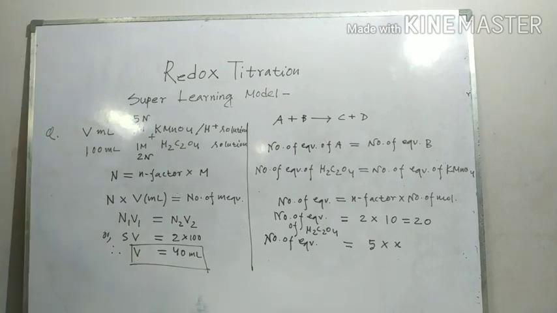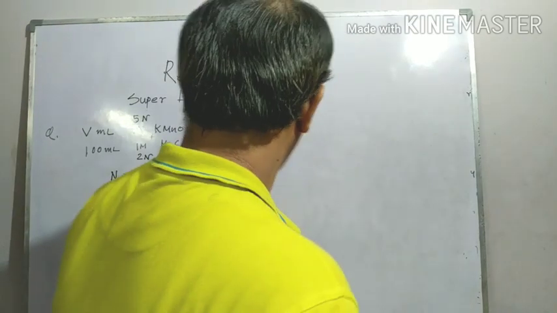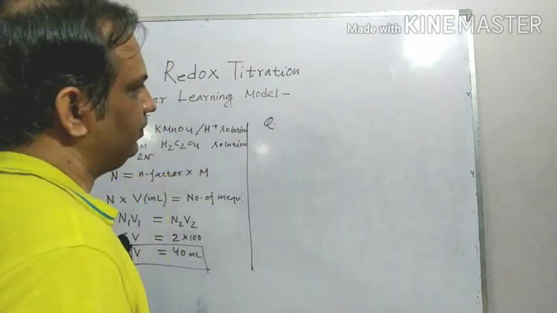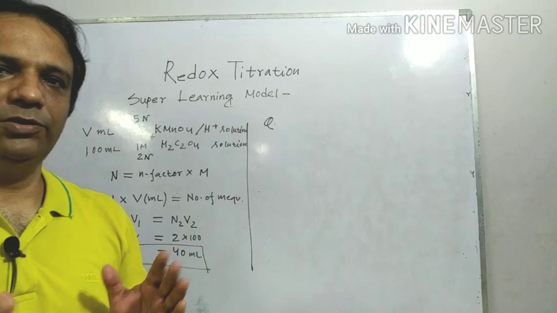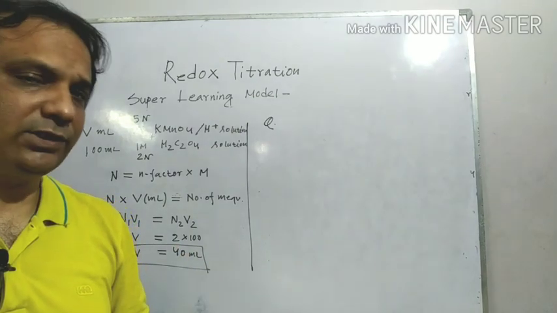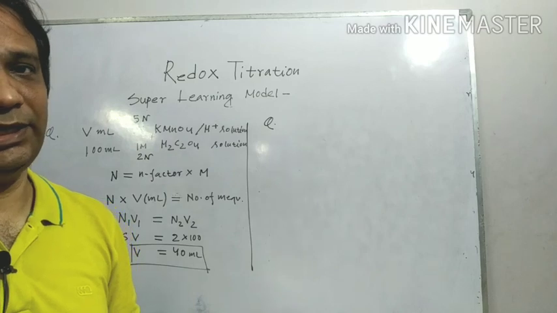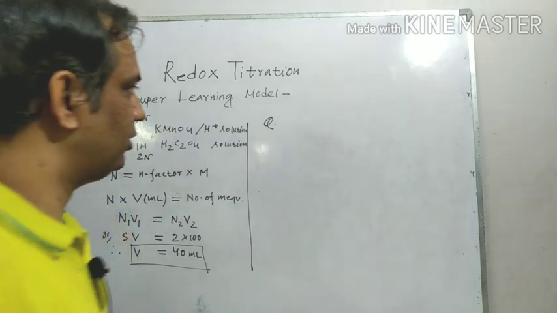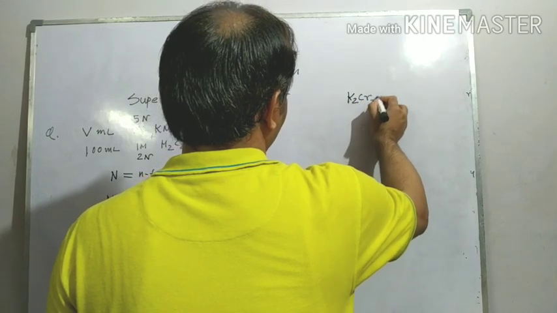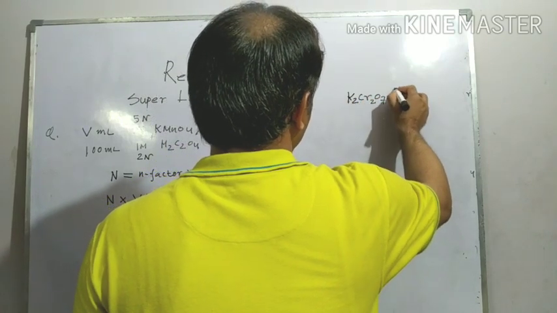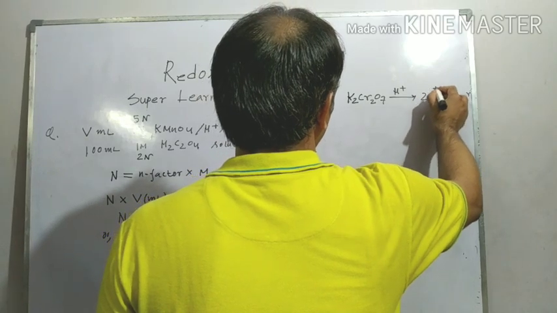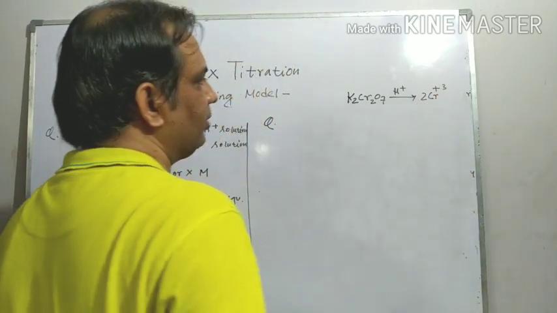Now I'll take another example. See, another example I'm going to discuss with another very important, very popular oxidizing agent in redox titration, that is acidified K2Cr2O7. But first of all, you should know that K2Cr2O7 in acidic medium will be converted to chromium plus 3.